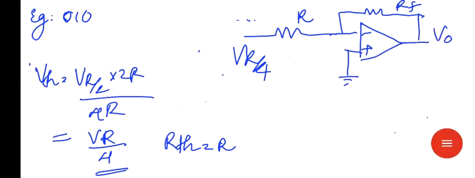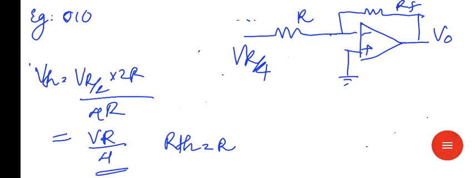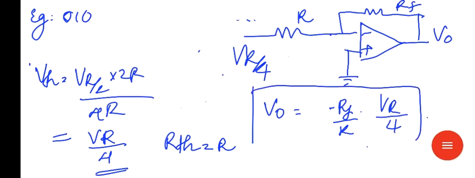Then V out is equal to minus RF by R into the input VR by 4. This is for bit B2. Okay, this is the output voltage.